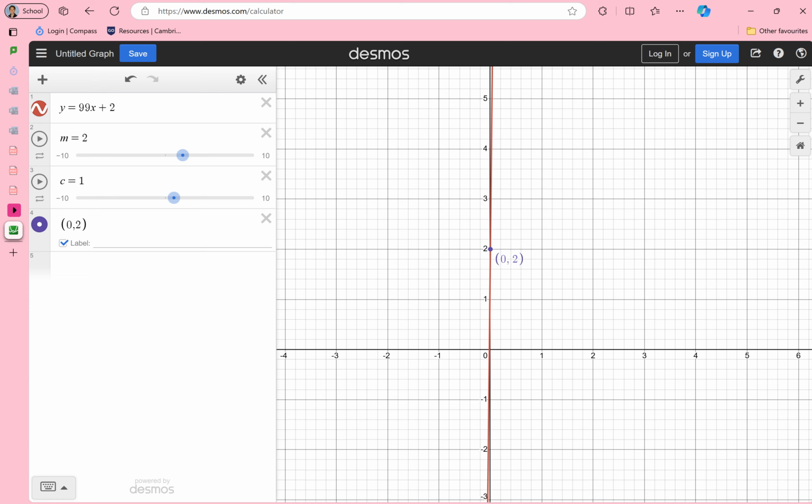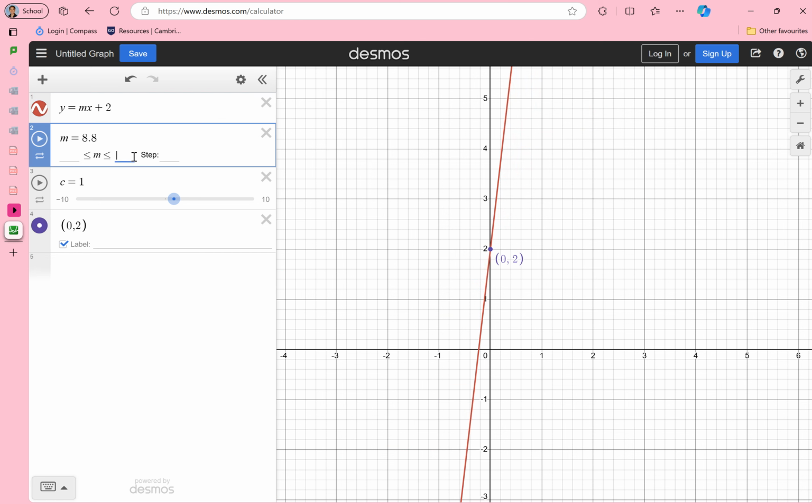Can you see how it looks really, really close to the y-axis? In fact, I can make it more obvious by calling it m and using the slider over here. As I increase m, can you see how it's getting steeper and steeper? I'll make the maximum up to 100 so we can play around with it.